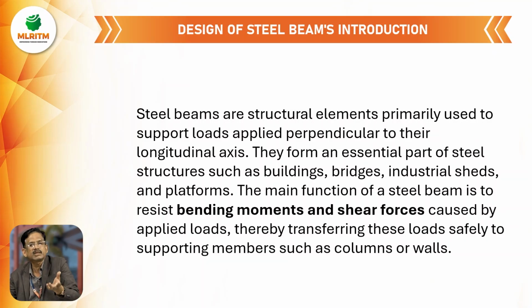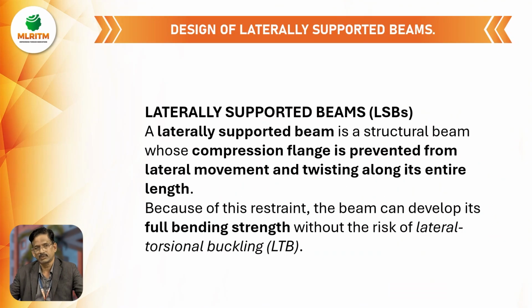With the application of load, we get shear force as well as bending moment, thereby transferring the load safely to supporting members such as columns or walls. I already told you beams are of different types: laterally supported beams, laterally unsupported beams, and girders.